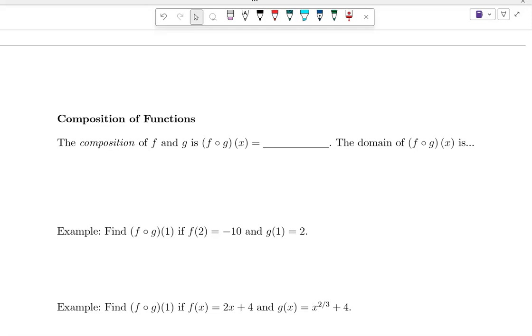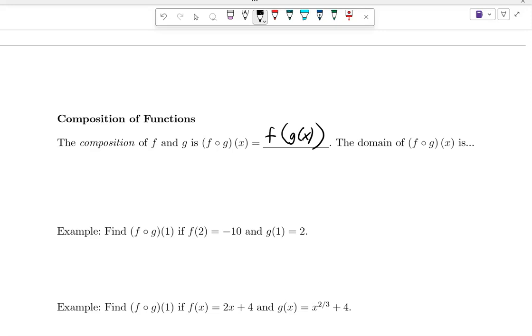So by definition, we use the circle here. It's not an O, it's a circle, okay? So don't say "fog." That doesn't make any sense, okay? This is f composed with g. The idea here is, again, you're going to put the input into the first function, and then the output is going to be the input into the other function.